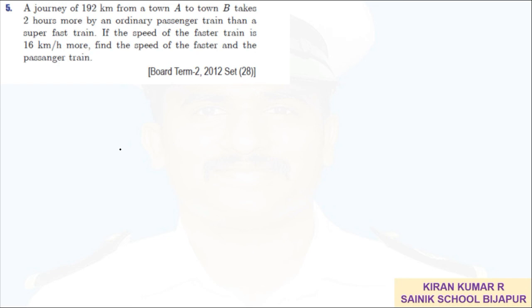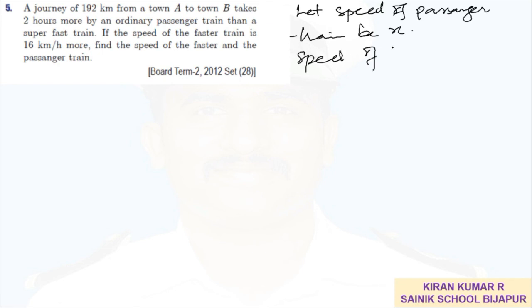Let the speed of the passenger train be x. So the speed of the faster train will be x plus 16.